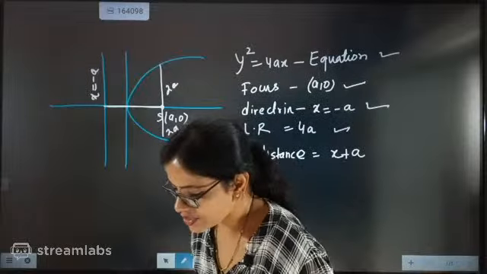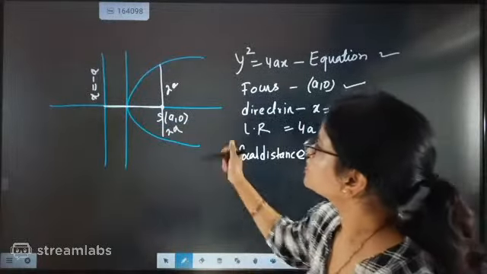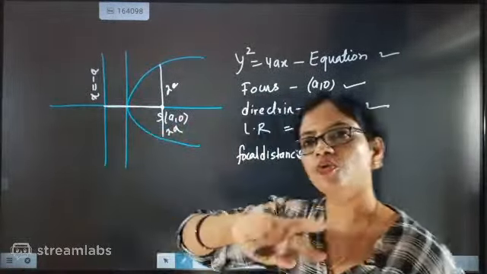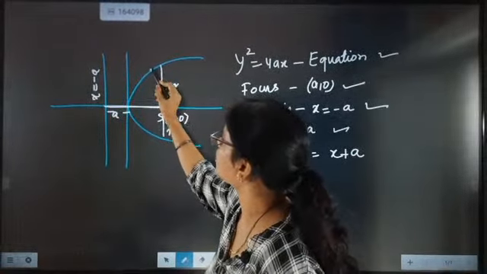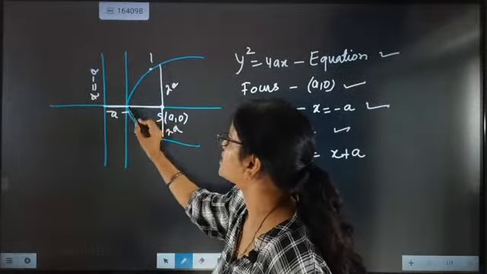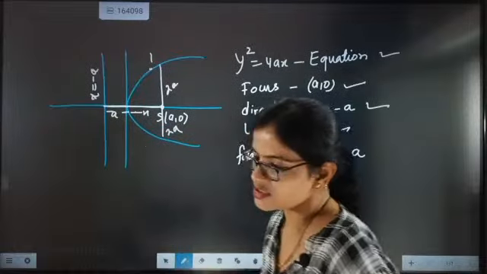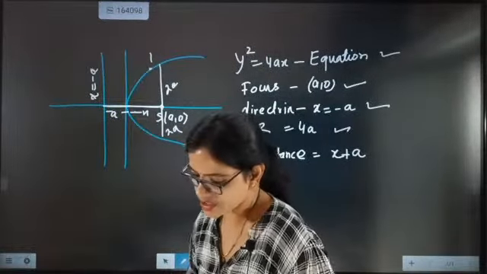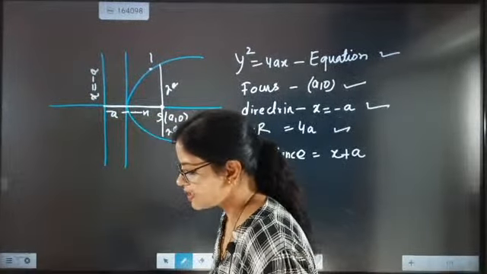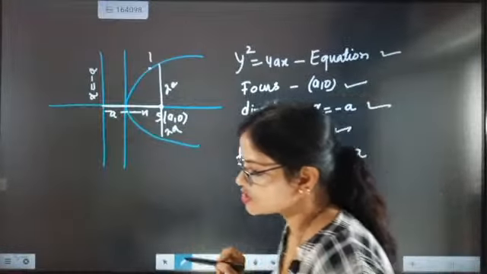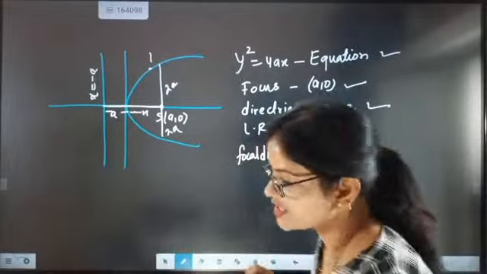This part that we have found now, that same part we are going to find here. This distance is a, and if we take any point here x, this will become x. So focal distance is exactly going to come as x plus a. Remember that one. Focal distance of a point P(x, y) is going to come as x plus a.